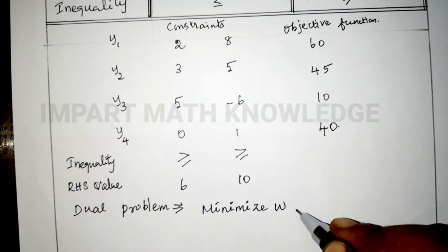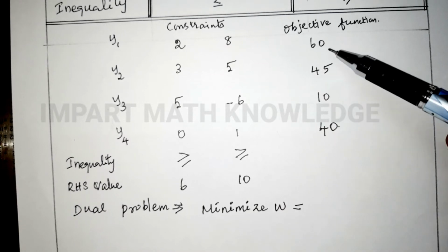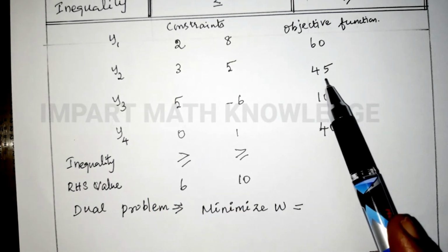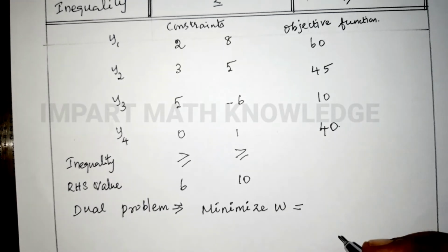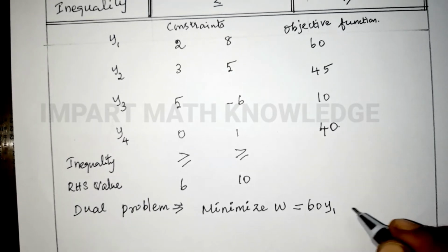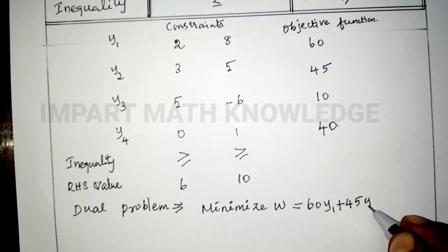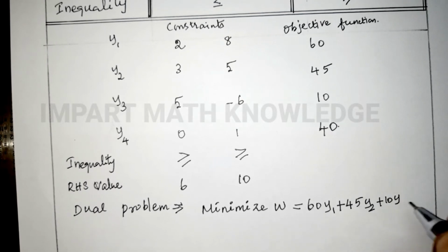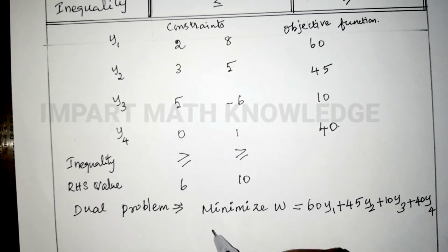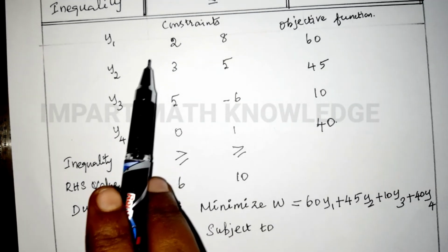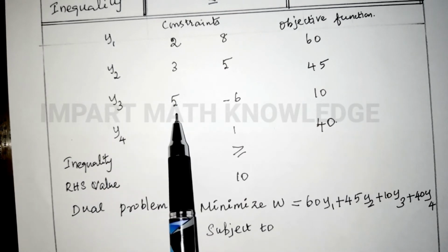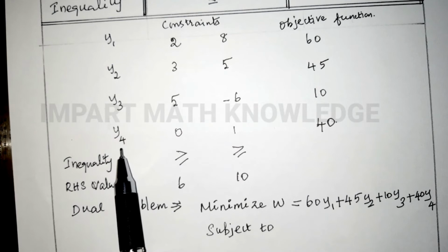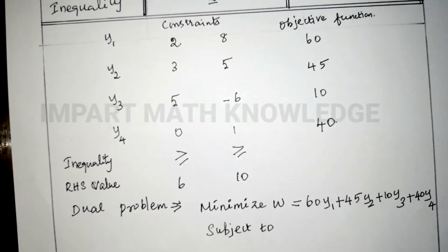The dual problem is: minimize W equals 60 into y1 plus 45 into y2 plus 10 into y3 plus 40 into y4, subject to the first condition 2y1 plus 3y2 plus 5y3 plus 0y4 greater than or equal to 6.